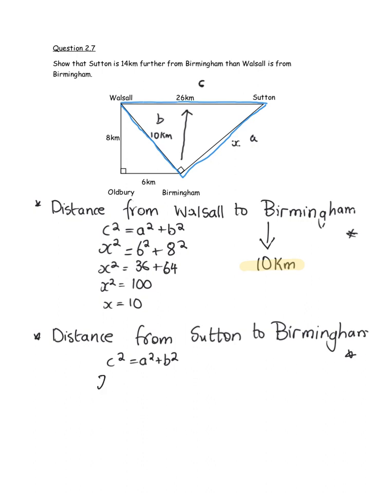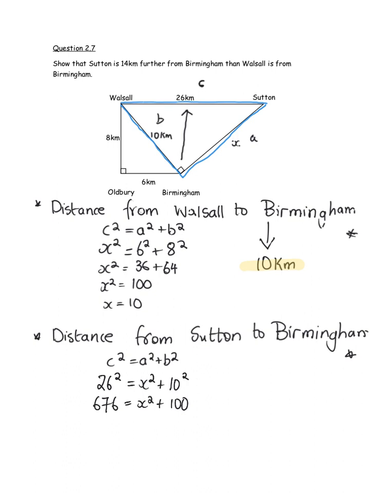Then we're going to get that 26 squared is equal to a squared, which is x squared, plus b squared, which is 10 squared. 26 squared will give us an answer of 676, which is equal to x squared plus 100.